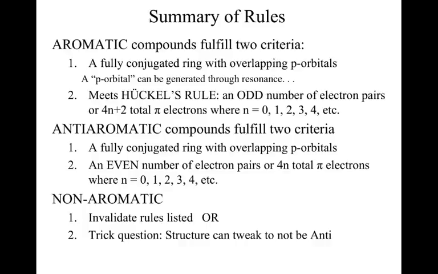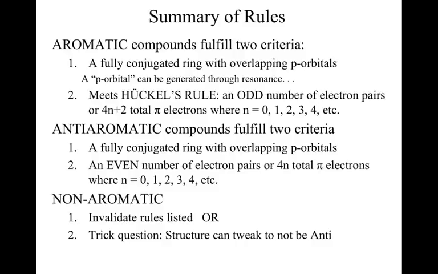So in an anti-aromatic compound, you'll notice the rule sets are very similar to aromatic. We still have to have a fully conjugated ring with overlapping p orbitals. The trick here, though, is we will have an even number of electron pairs, or 4n total pi electrons, where n, again, is 0, 1, 2, 3, 4.